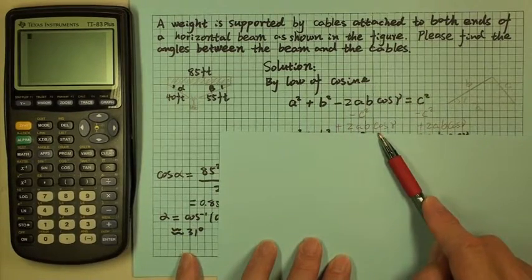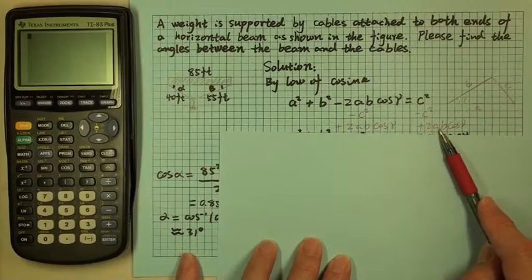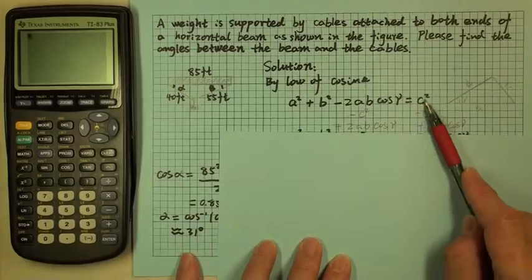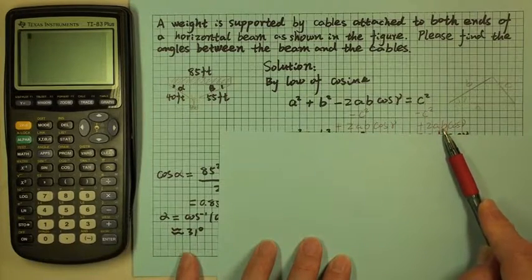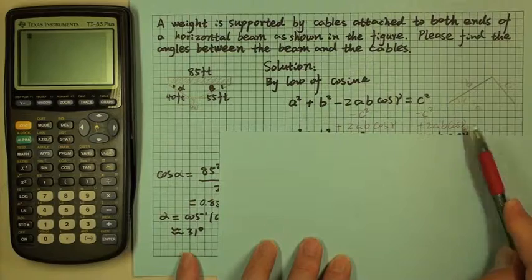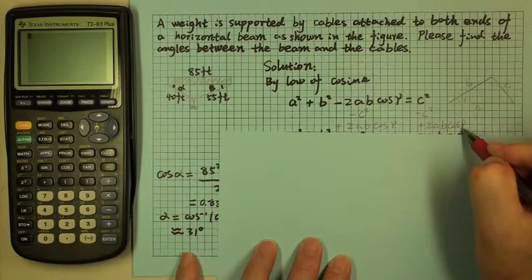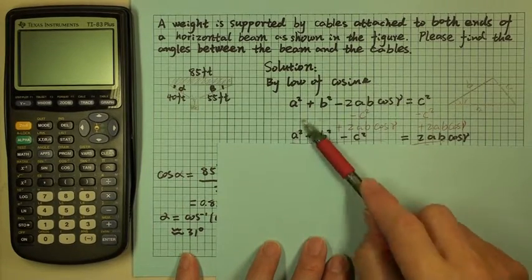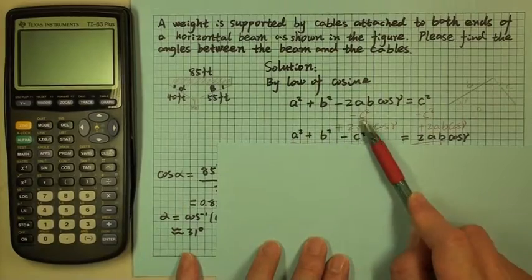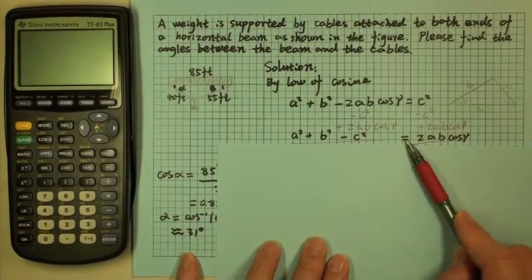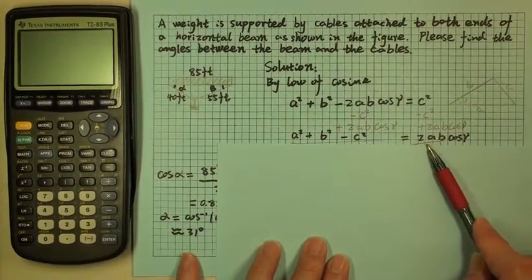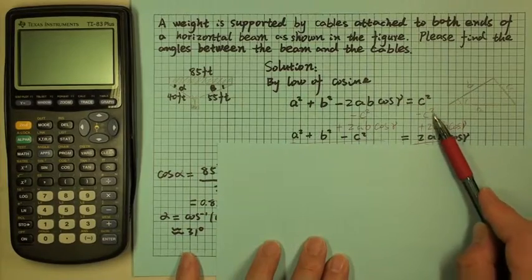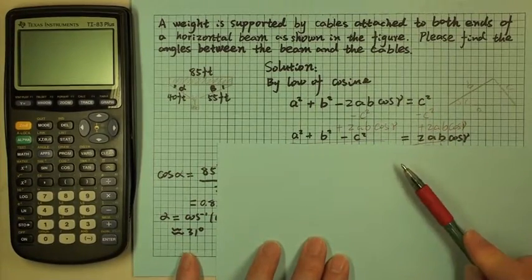Those two cancel each other. So the right-hand side, c squared minus c squared, is now 0, and you have 2ab cosine gamma on the left, and the other side is a squared plus b squared minus c squared. Those are the middle steps; I did two middle steps in one.